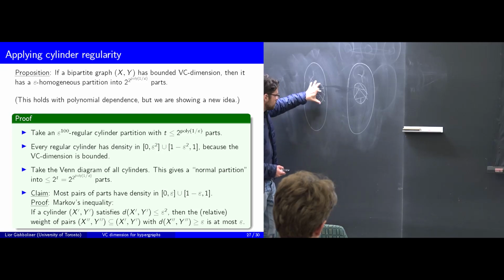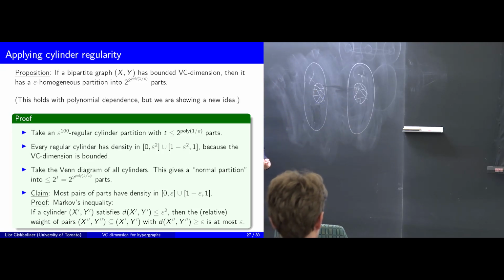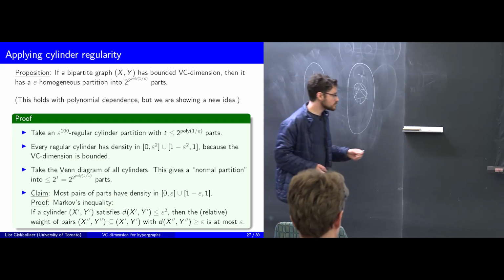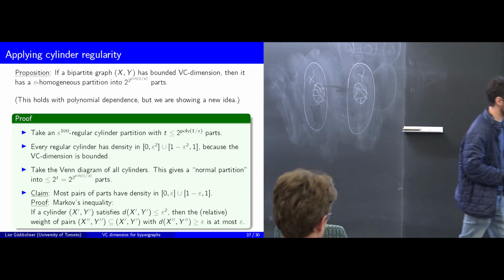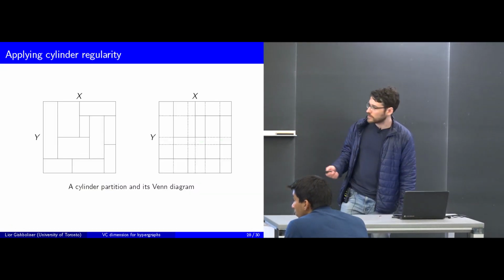But then because the density between x prime and y prime is very small, then I expect the density between most of these pairs of parts also to be small. Okay? And that's it, right? So that's the proof.